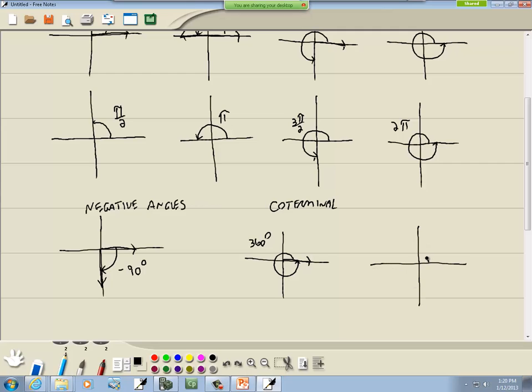If I start here, and I go all the way around twice, that's 720 degrees. They both have the same terminal side. That's going to be important when we're working with a unit circle, because you'll have some that go beyond what's on your unit circle, and you have to either add or subtract 360 degrees or add or subtract 2 pi.